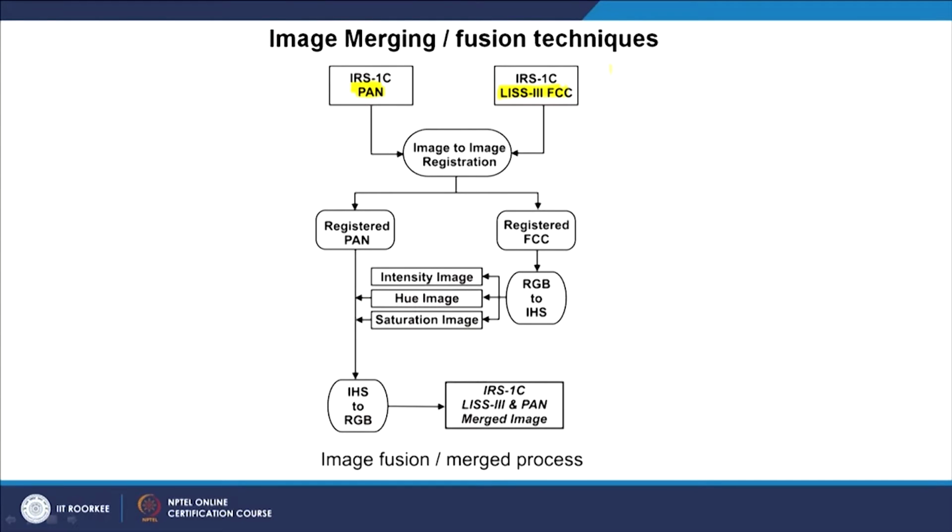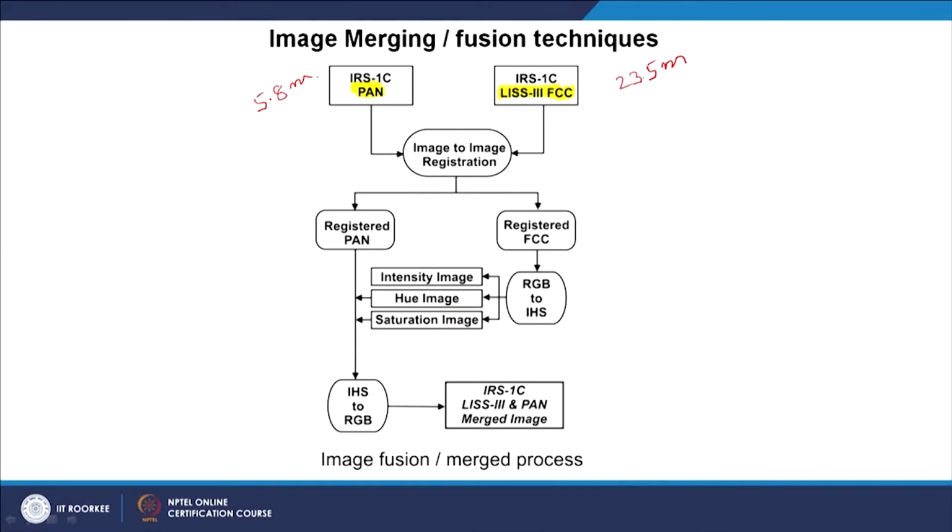This is a false color composite, that means it is representing a multispectral image, but it has relatively coarser resolution, about 23.5 meter, and this pan has 5.8 meter.